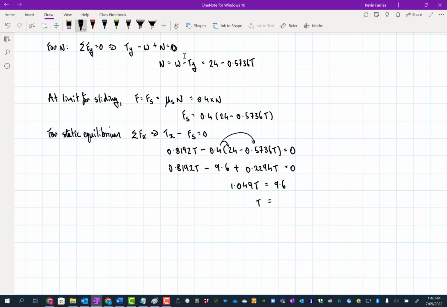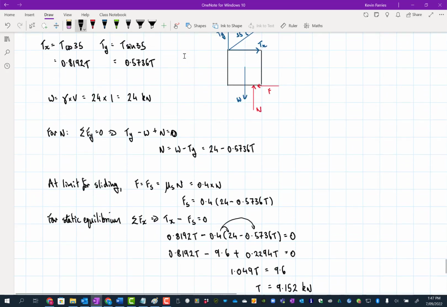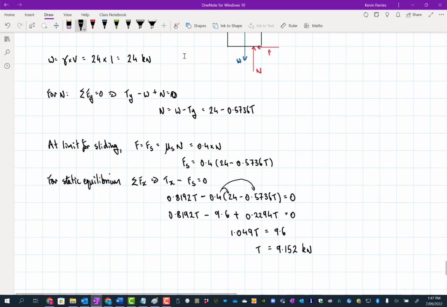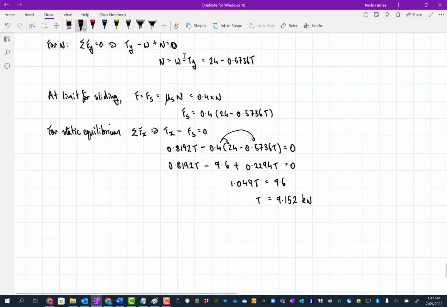So T is going to be equal to 9.6 divided by 1.049, which is equal to 9.152 kilonewtons. We were in kilonewtons, yes, because the weight of the concrete block was in kilonewtons.